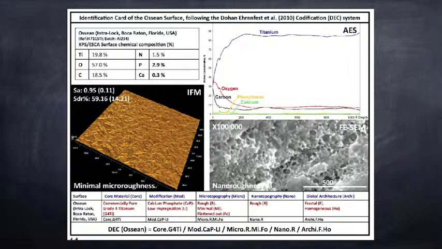If you look at the scanning electron microscopy at very high magnification, you remember the Nobel surface. At 100,000 times magnification, it was flat, totally smooth as a mirror. Look at the geometry here at the same magnification. You have a nano roughness.